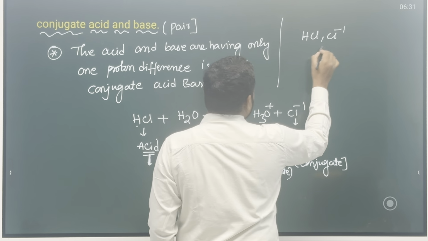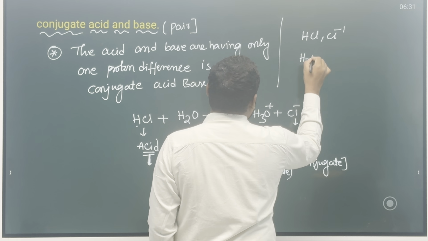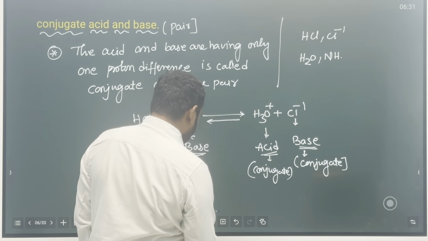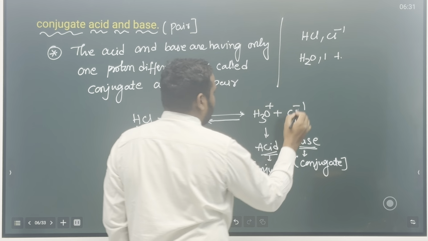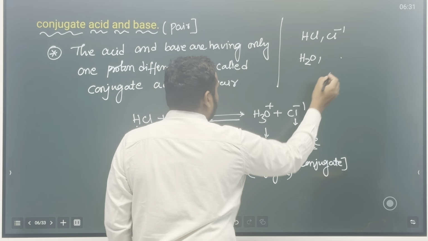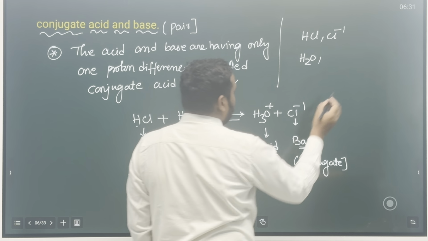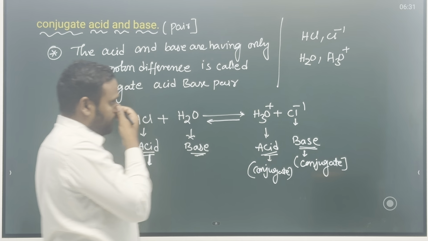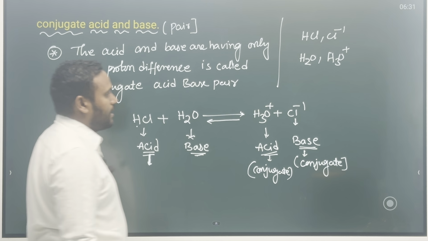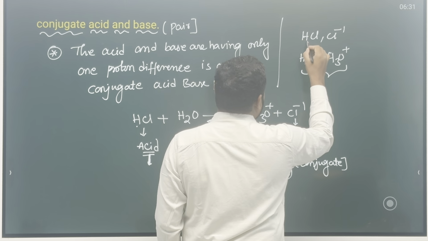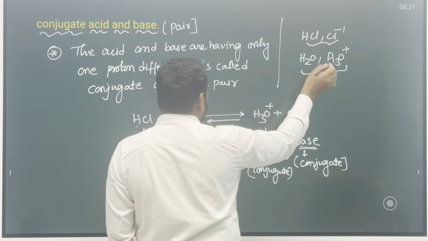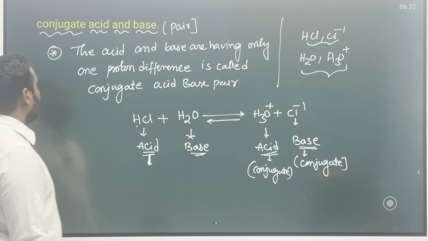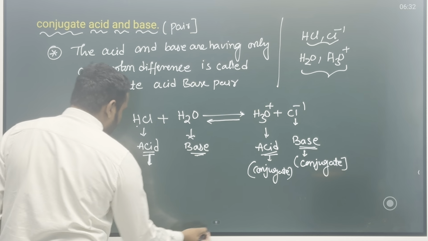Next, H2O comma H3O plus, both act as what? Conjugate acid base pair. This is a conjugate acid base pair, and this is also a conjugate acid base pair. Okay. So right, this is about the conjugate acid base pair.